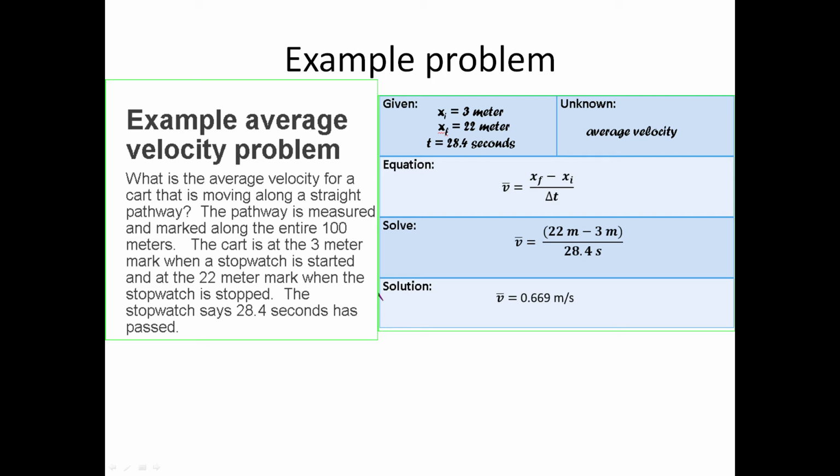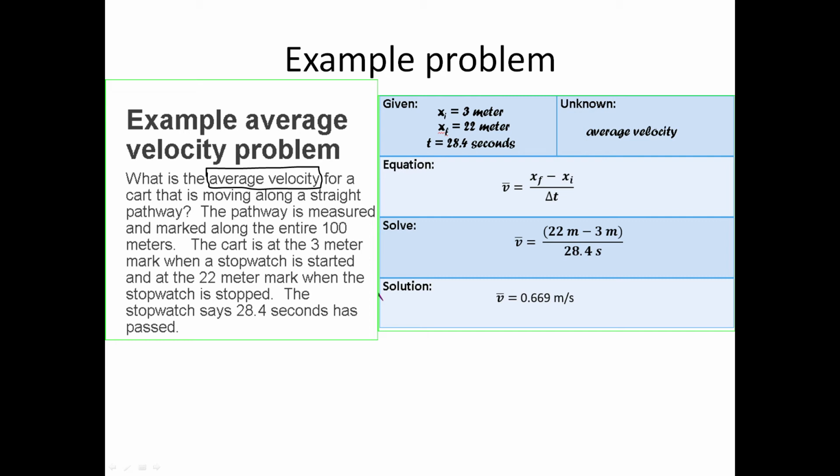So what we're trying to find is the average velocity. So let me just circle that. Okay. So the pathway is measured and marked along the entire 100 meters. We don't need that part.